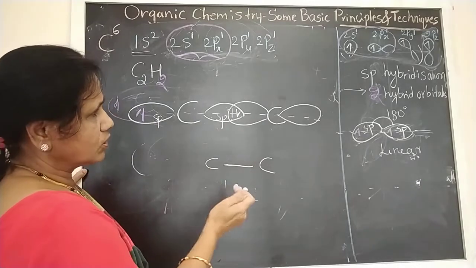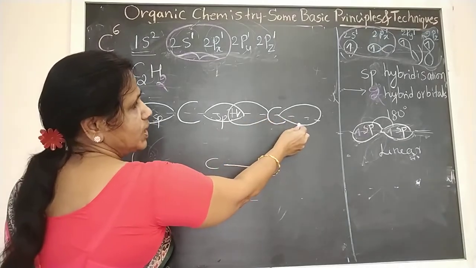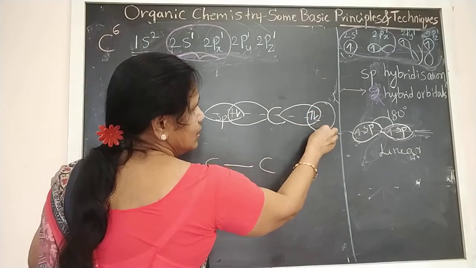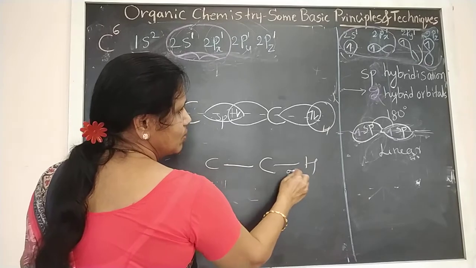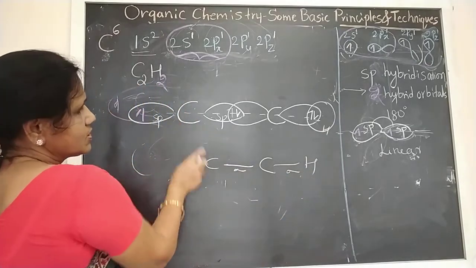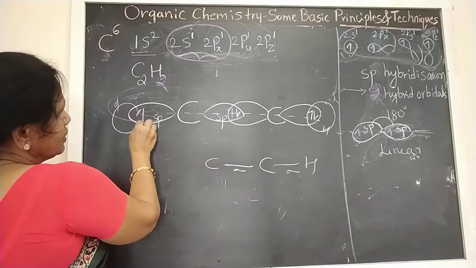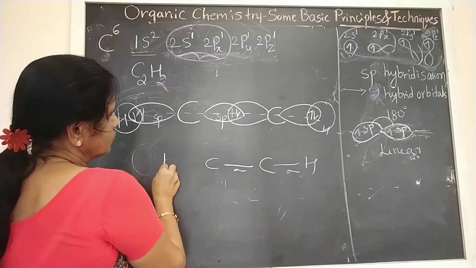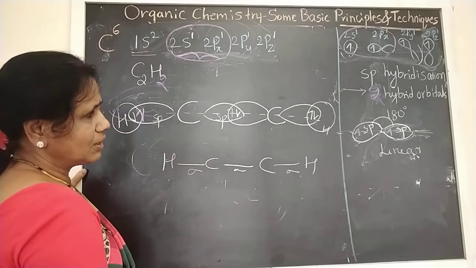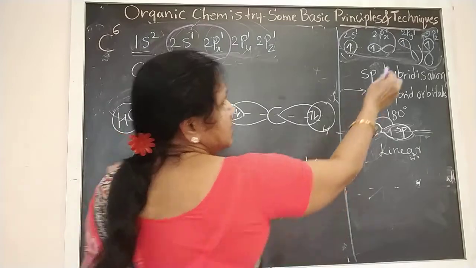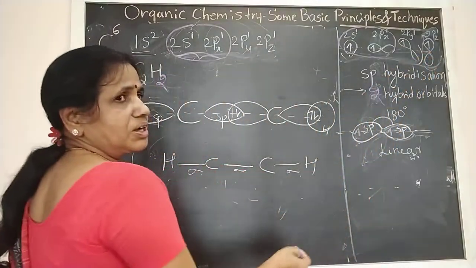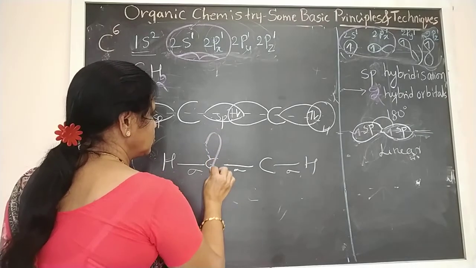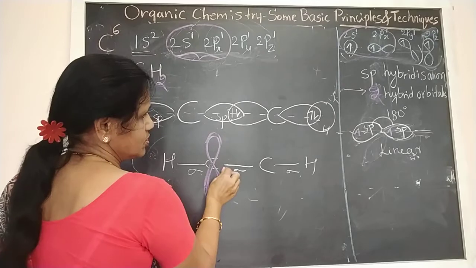The remaining sp hybrid orbital pairs its electron with hydrogen, forming again a sigma bond, a single bond. And the other carbon again overlaps with the s orbital of hydrogen, pairing up its electron to give a sigma bond. And what about the two unhybridized orbitals, py and pz? They are perpendicular to each other and also perpendicular to this plane.